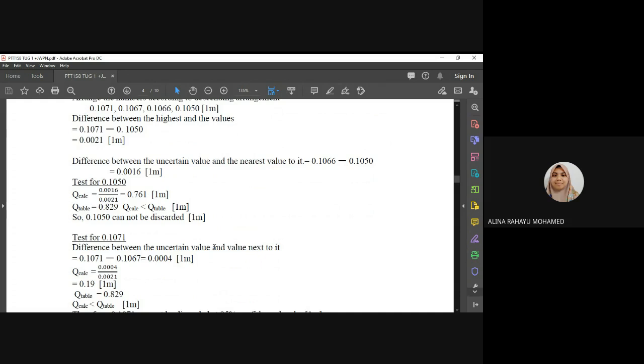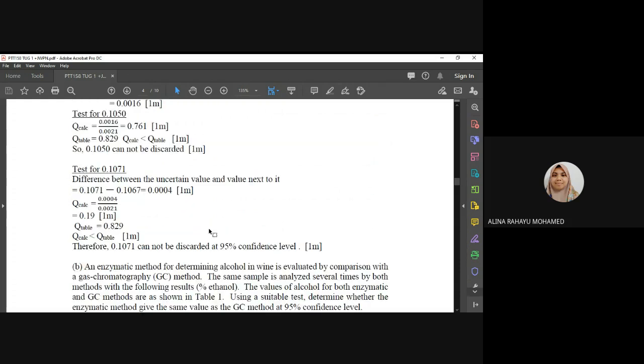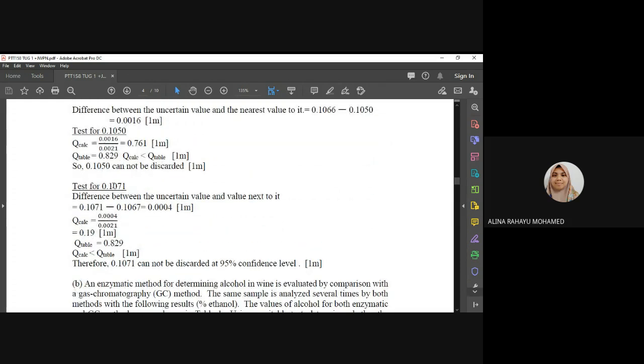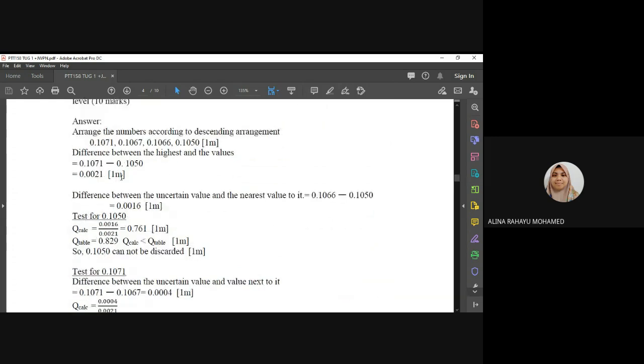You have to write up to this conclusion: 0.1050 cannot be discarded.